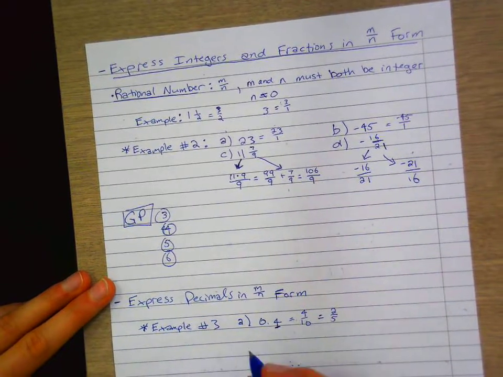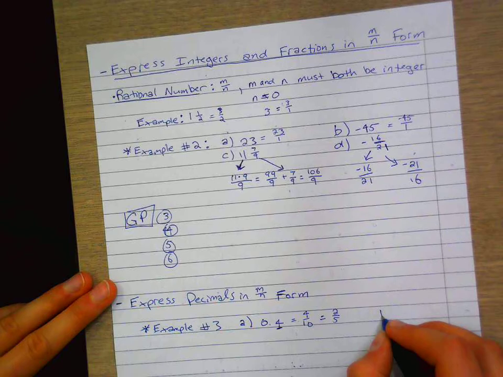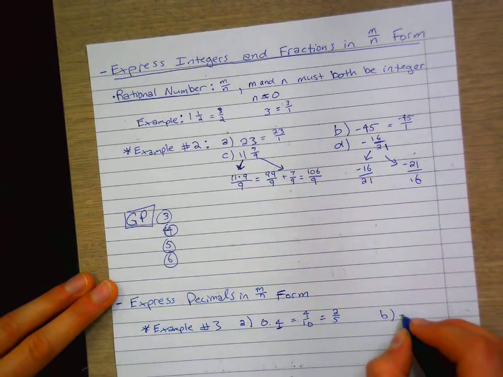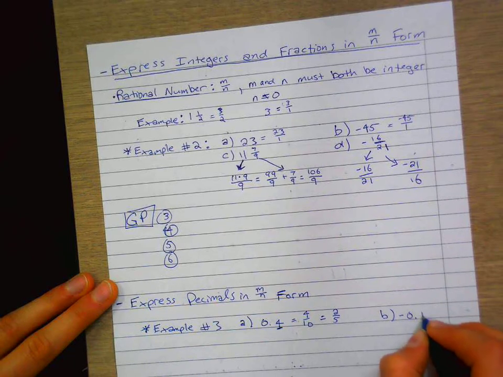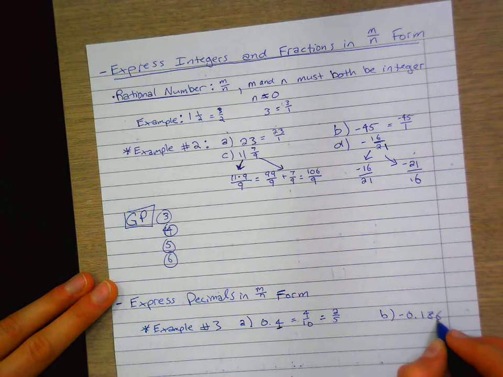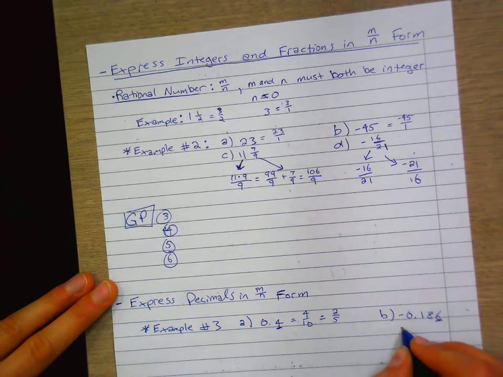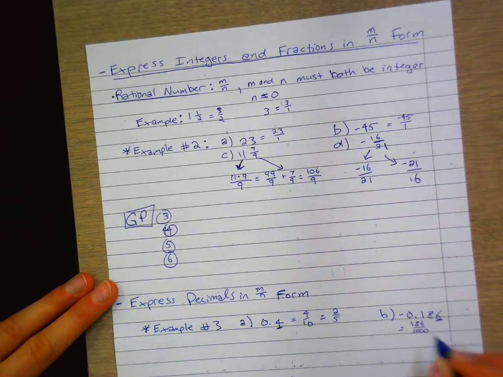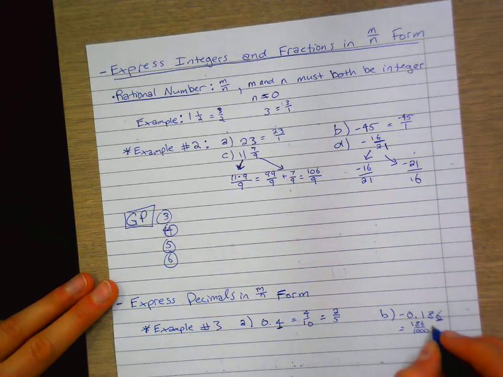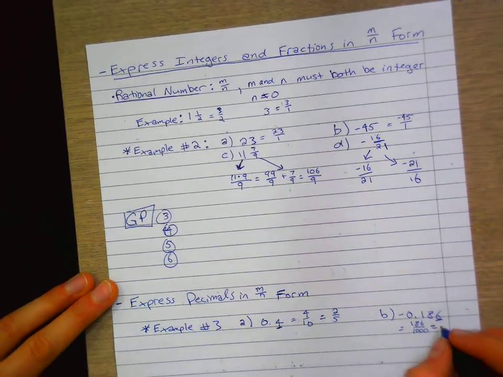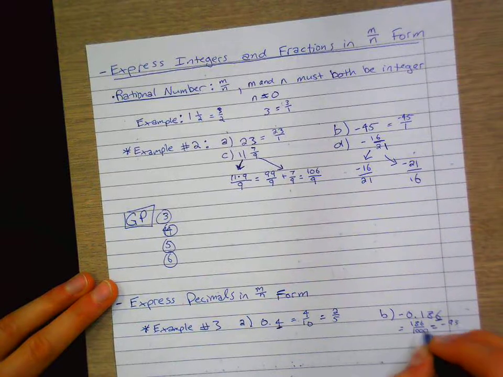For B, we're going to start with negative 0.186, and the 6 is in the thousandths place, so we need to put this as 186/1000. You can further simplify this into negative 93/500.